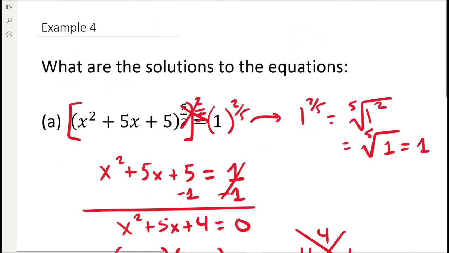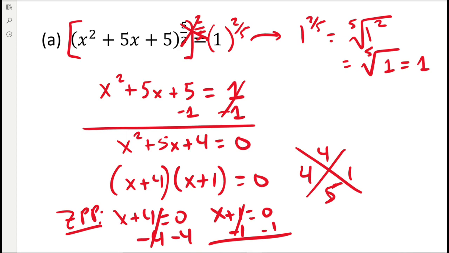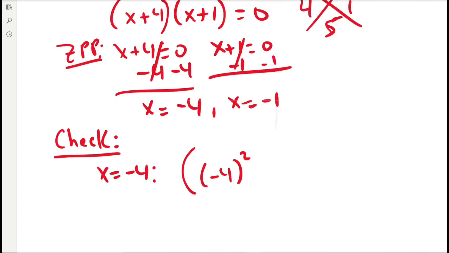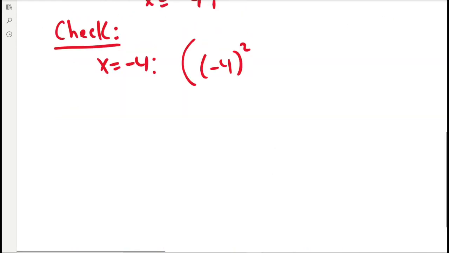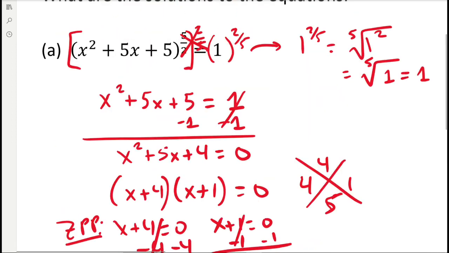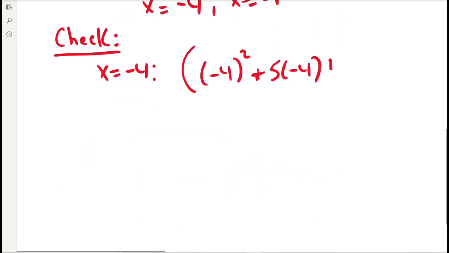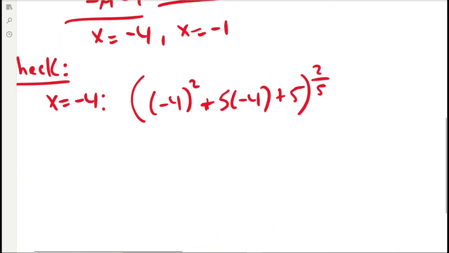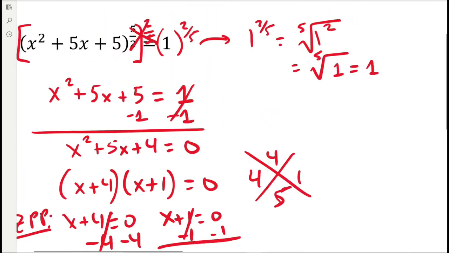So if I plug in negative 4 into the original, we get x squared plus 5x plus 5 raised to the 5 halves power, not 2/5, equals 1.